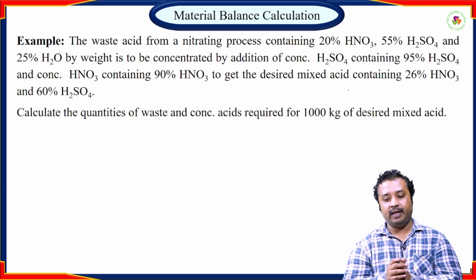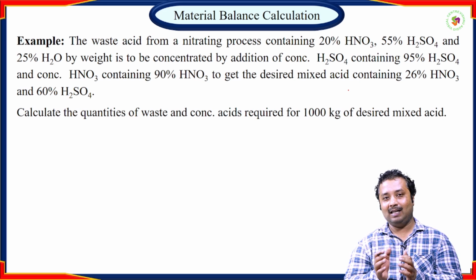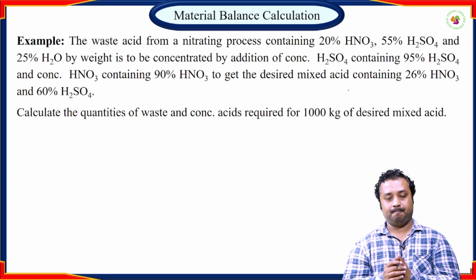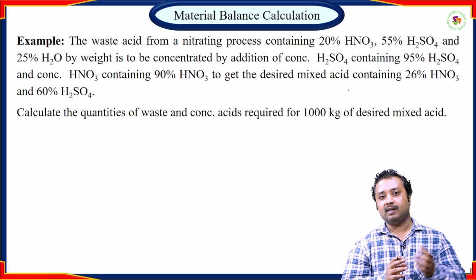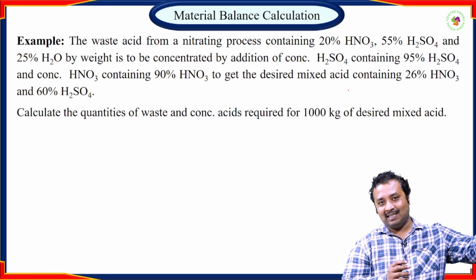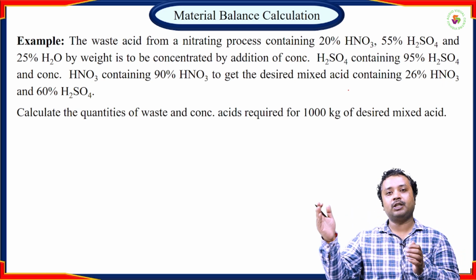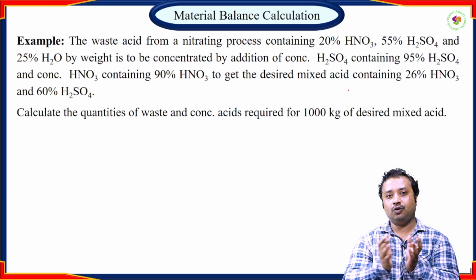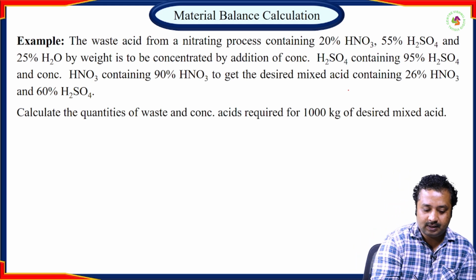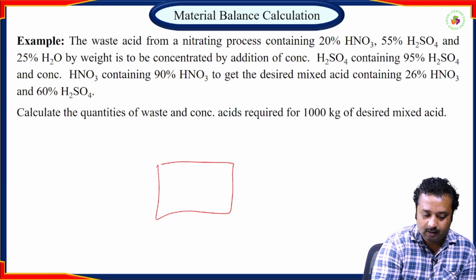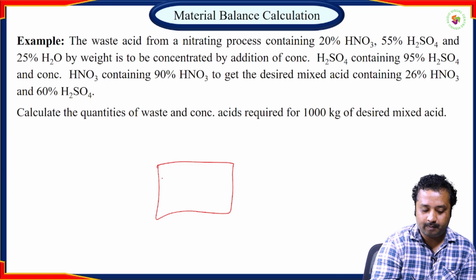From the question we can guess that this is related to a mixing unit operation, where some streams are coming as input, getting mixed, and we get some product. So let us draw the block diagram. Let us consider this is my mixing unit.